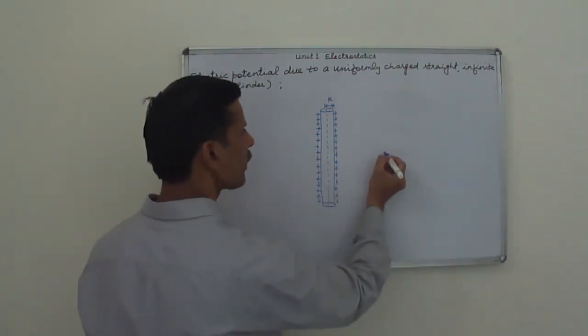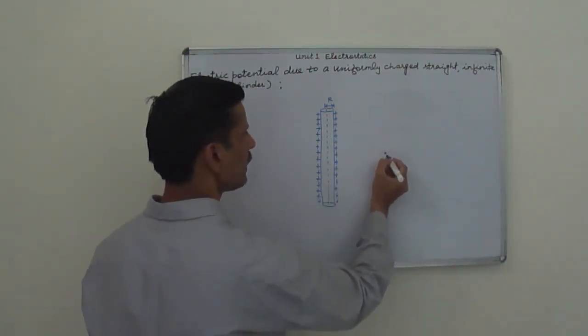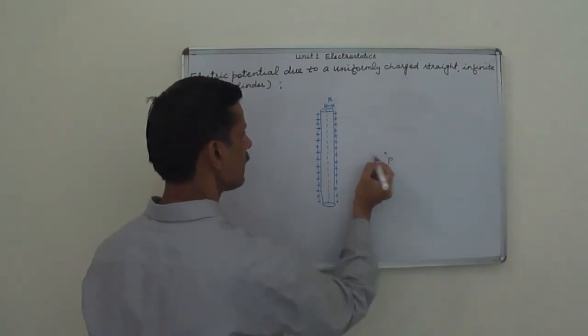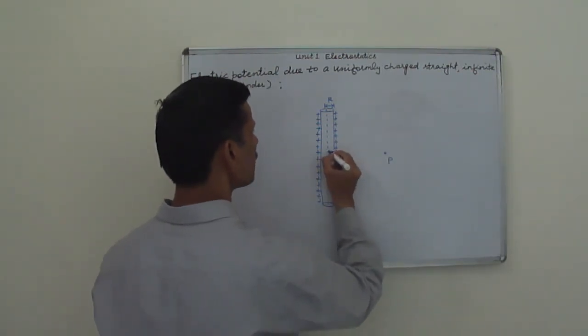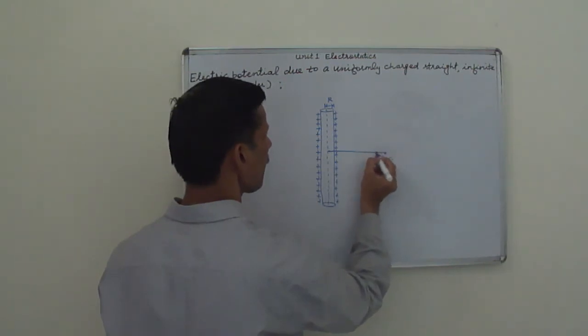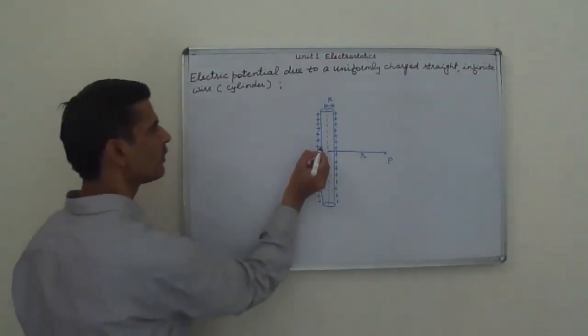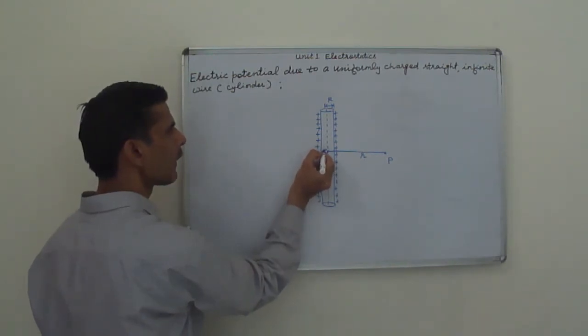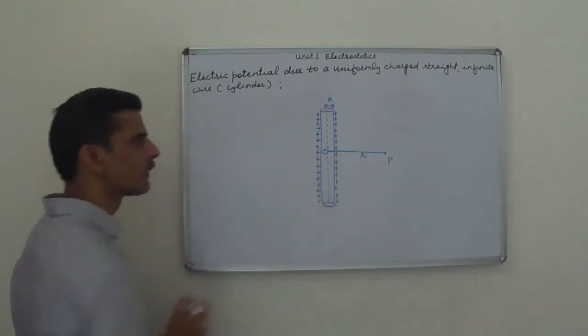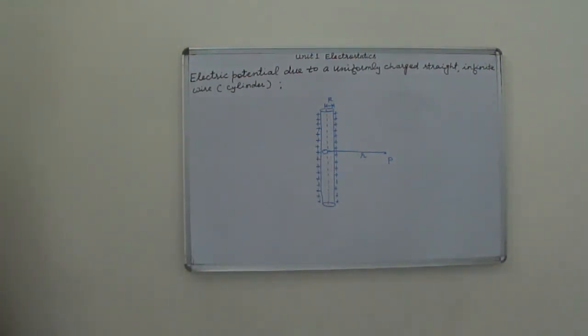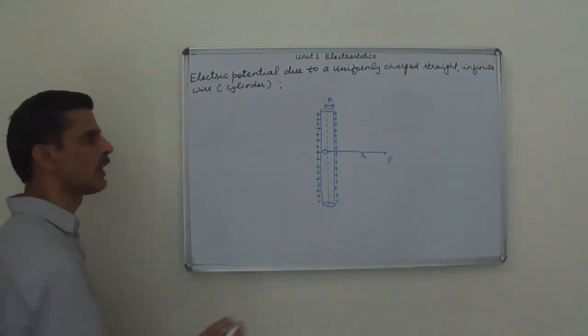We want to find potential at this point. Say this point is P and it is r distance away from the center of the wire or cylinder.